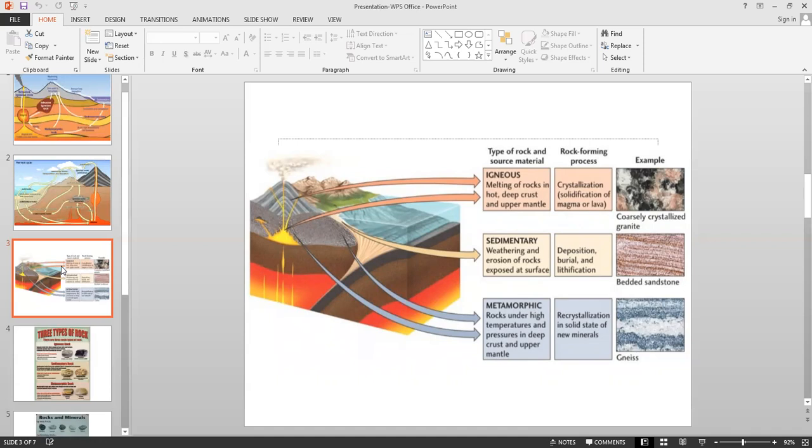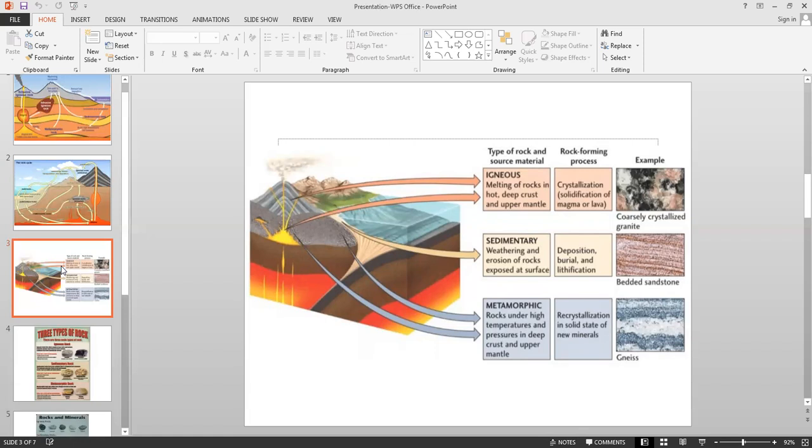They form through crystallization of the lava, and an example is the coarsely crystallized granite. For the sedimentary rocks, we have banded sandstone. And for the metamorphic rocks, we have gneiss. When you find these, you can easily differentiate the three. There's a very clear difference.